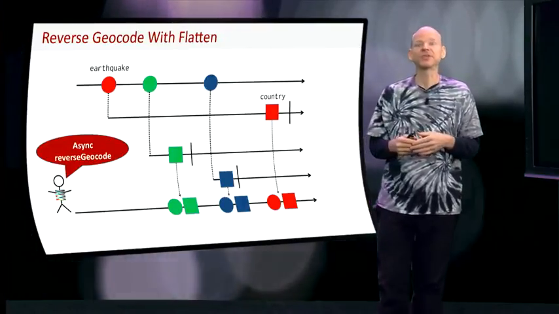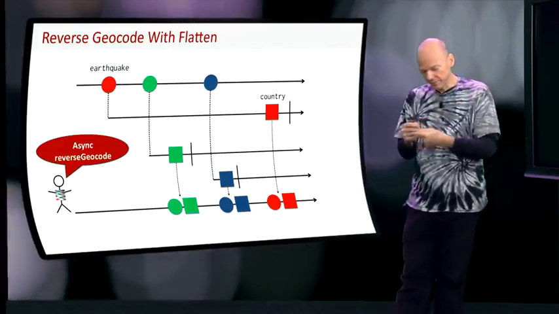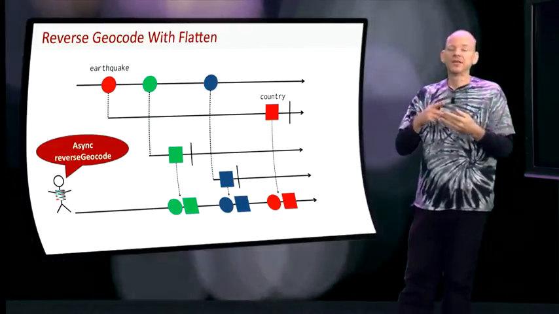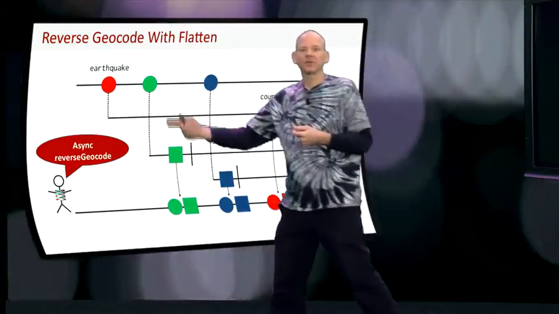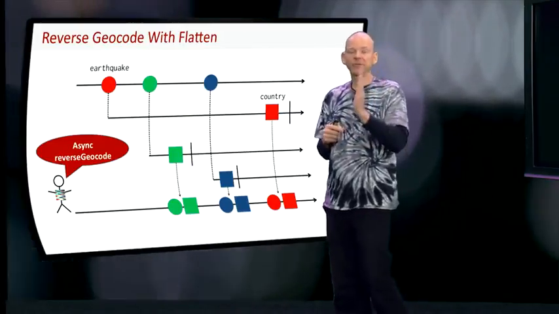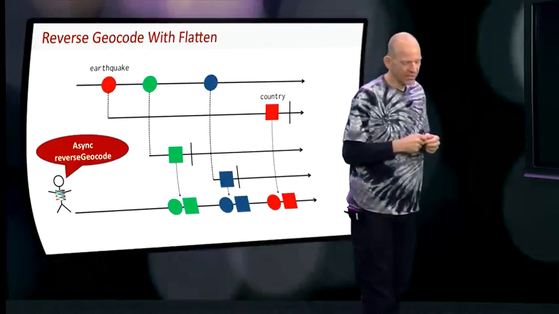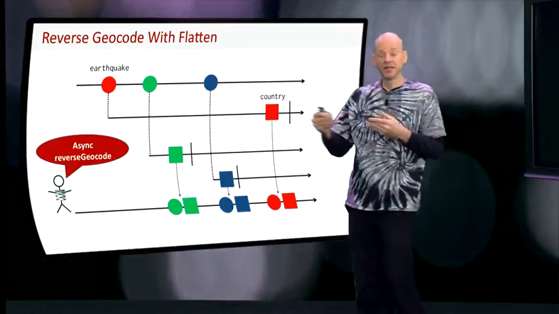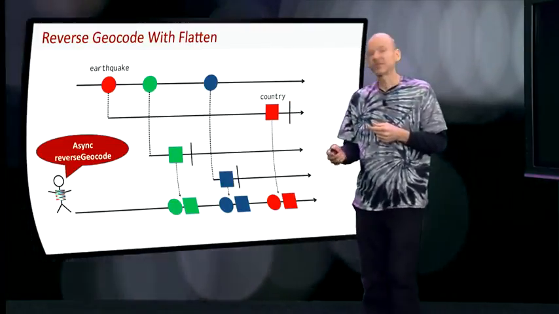So here's what happens when we flatten the streams. In this case, the earthquakes get out of sync. For the red earthquake, the geocode process might take a long time, and the second earthquake comes in. There the geocoding takes a little time, and what we see in the output now is that the second earthquake comes before the first earthquake. If you want to maintain the temporal order of the earthquakes, this is not a good situation.